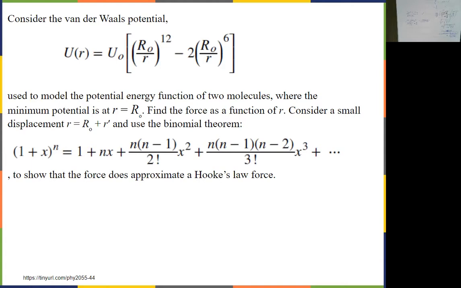This is used to model the potential energy function of the two molecules, where the minimum potential is at R equals R sub 0, or R naught. Find the force as a function of R. Consider a small displacement R equals R0 plus R prime, and use the binomial theorem to show that the force approximates Hooke's law.